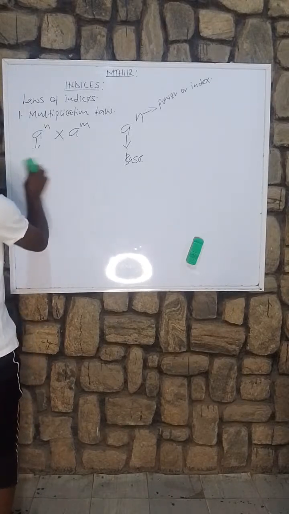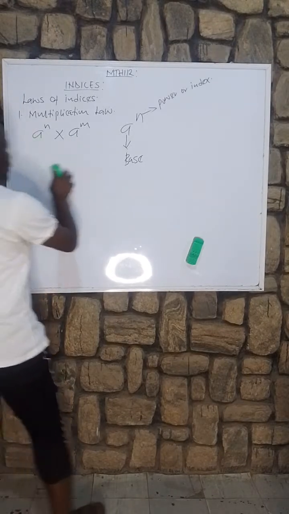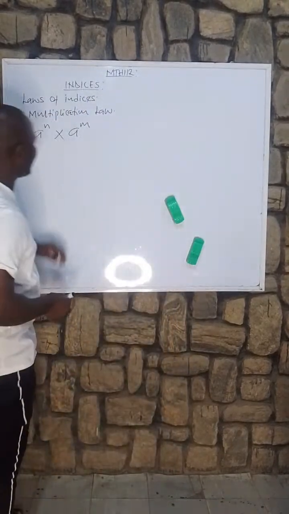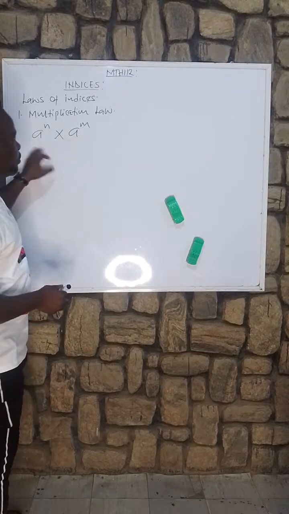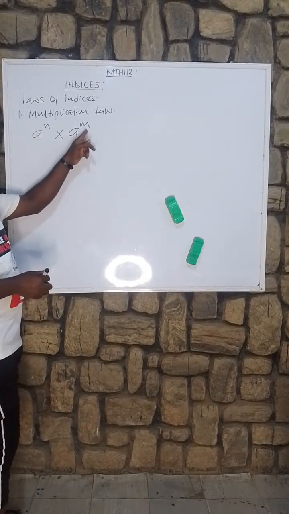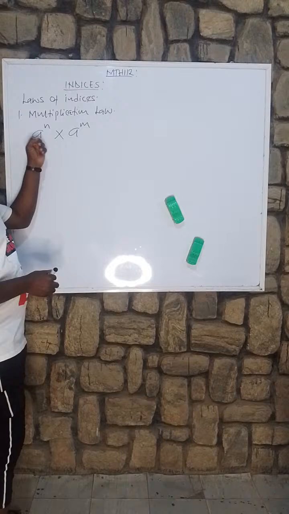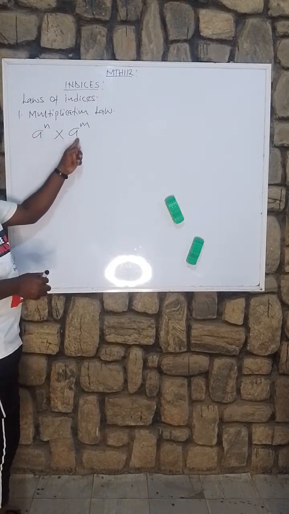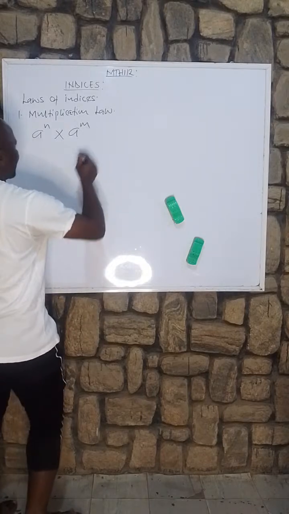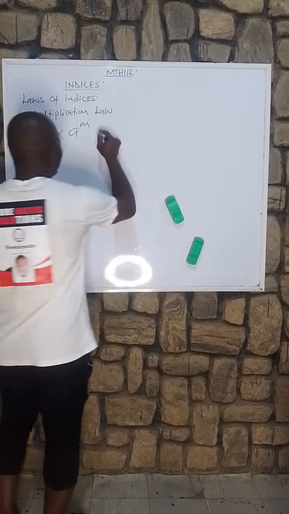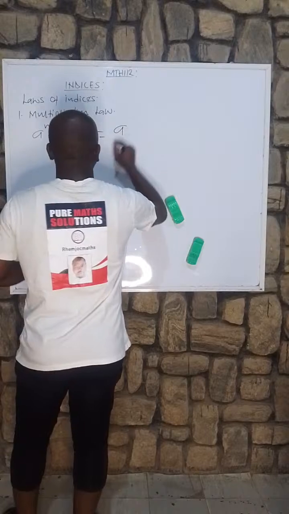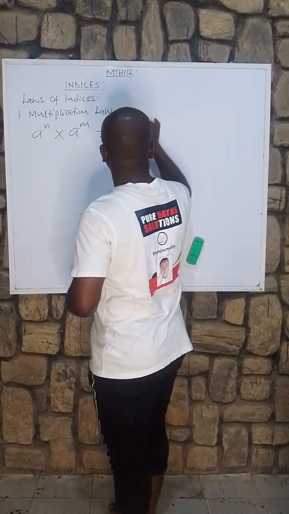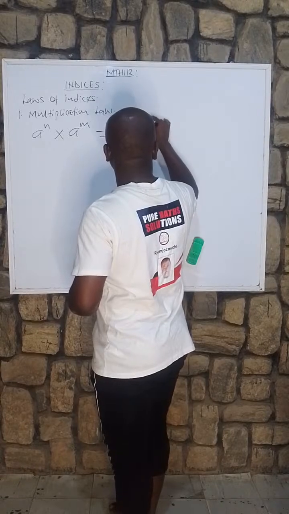According to the multiplication law, we can now pick one of the bases, then raise the base to the power. That is, a, pick one of the bases, then raise it to the power. You are going to add the powers. A raised to the power of what we have here, n plus n.